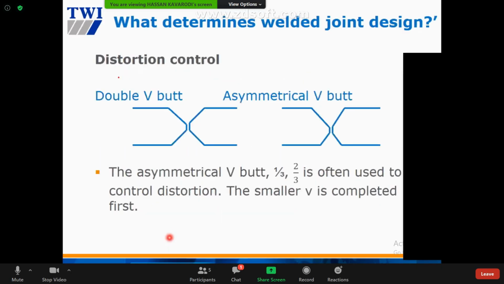All right, here they talk about distortion control. We have double V and asymmetrical. Asymmetrical means not the same size. If they talk about symmetrical like this, it's the same size. Symmetrical is the same, asymmetrical are not the same. Like here, we got 1/3, here we got 2/3. Okay?